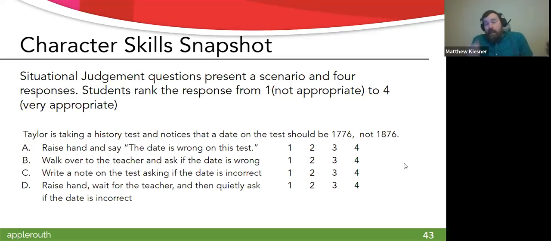There might actually be a clearly worst answer, but for the others it's a difference of approach. Probably raising your hand and saying the date is wrong, I would put that as the not appropriate one. But C and D are both very similar approaches to the same issue.